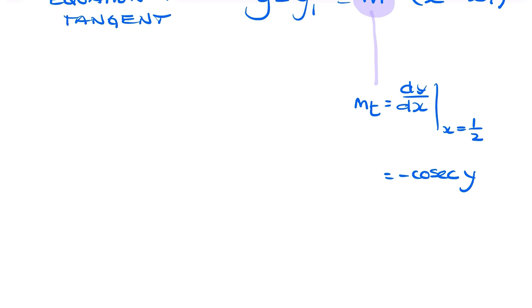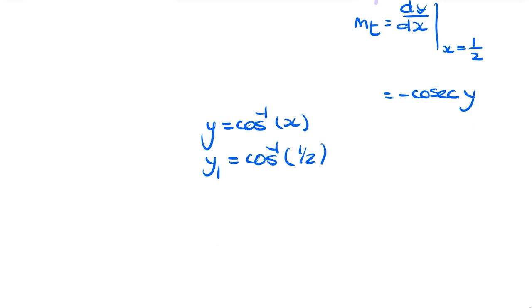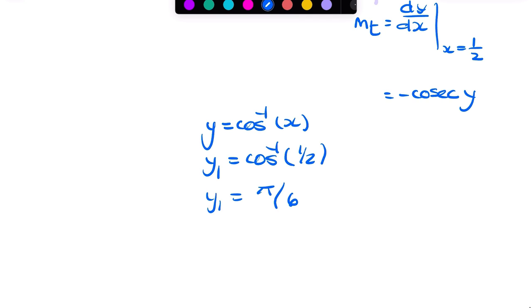Let's use the more familiar notation, cosine inverse of x. So y1 equals cosine inverse of half. Cosine inverse of half is pi over 6. Make sure you always use radians for this kind of thing.